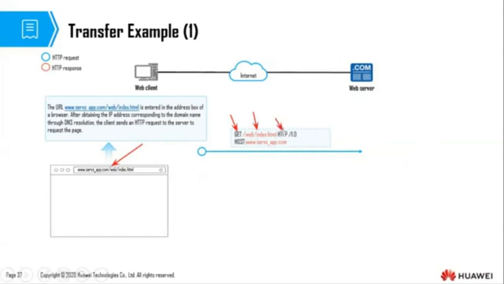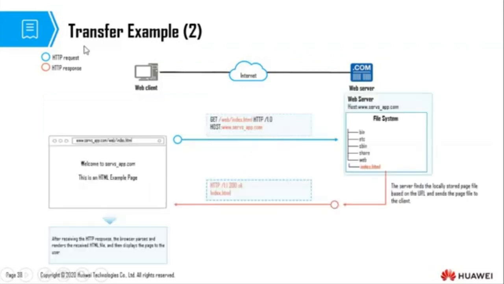We are using HTTP 1.0. The host server is www.servsapp.com. So that's going to go like that to the internet. The request is going to be sent until it gets to that server.